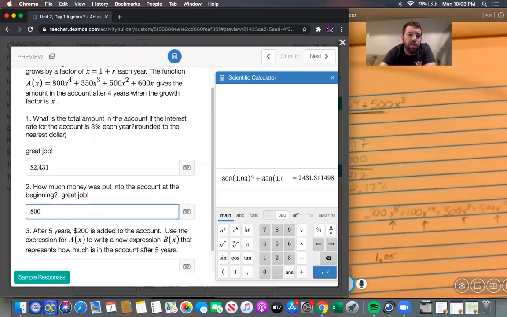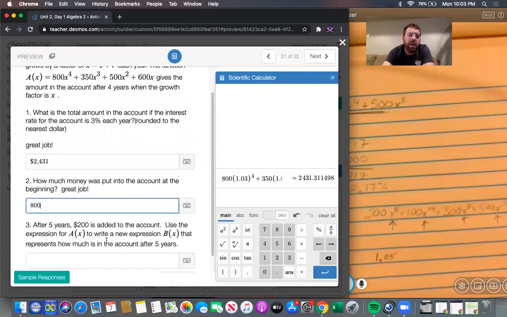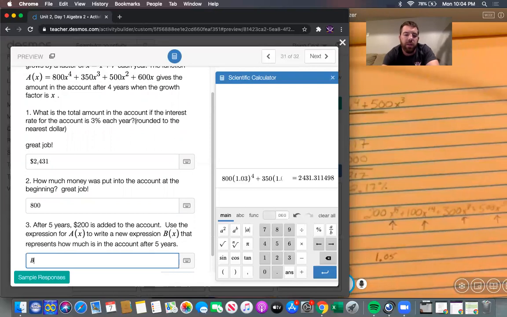years. Okay, and so now you would just be doing the same thing. I'll let you practice there on your own, but after 5 years, everything would bump up. So here, we'll just go ahead and do this really quick, and then you can be on your way. B of X equals, now since it's 5 years, it's going to be X to the 5th plus 350 X to the 4th.